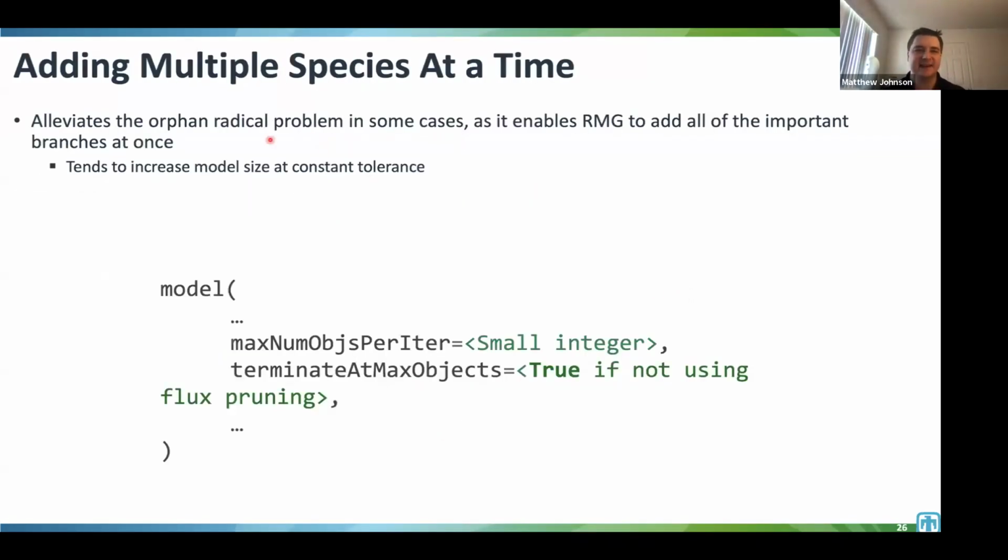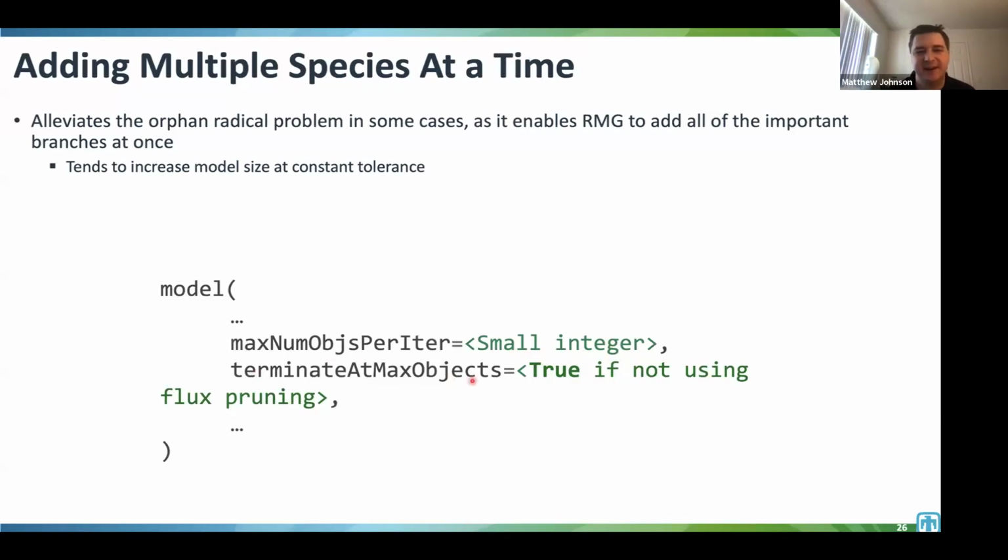This can help in some cases by allowing RMG to add all of the important branches at once. This does tend to increase the model size at constant tolerance, though. But you can set this maximum objects per iter to some integer like 5. I wouldn't go much past 10 usually, but 5 is usually okay.